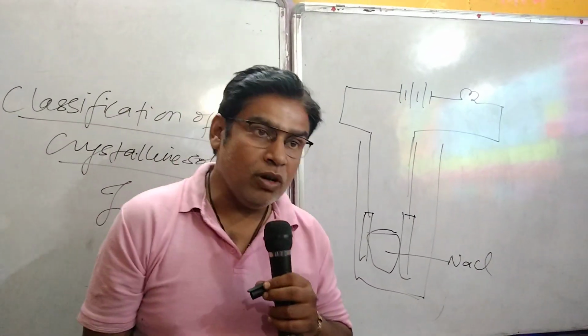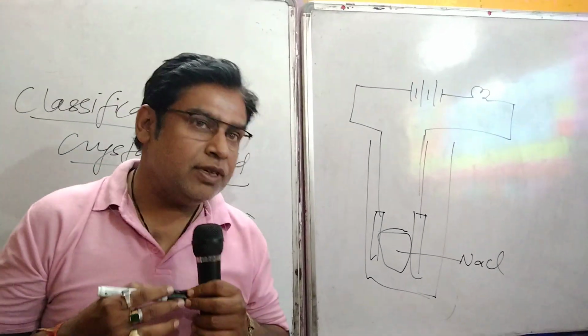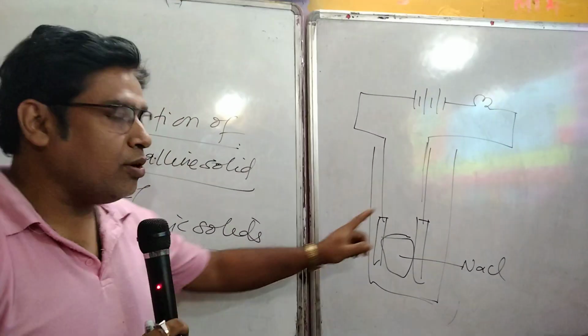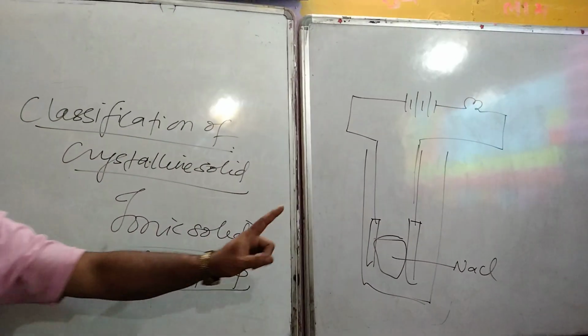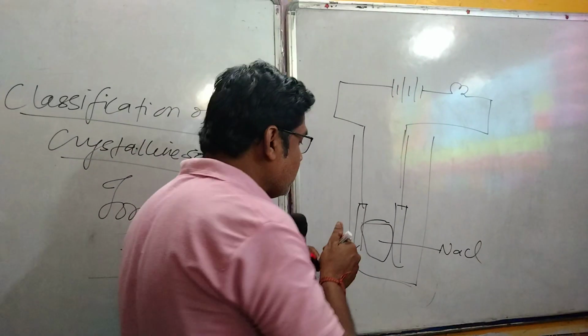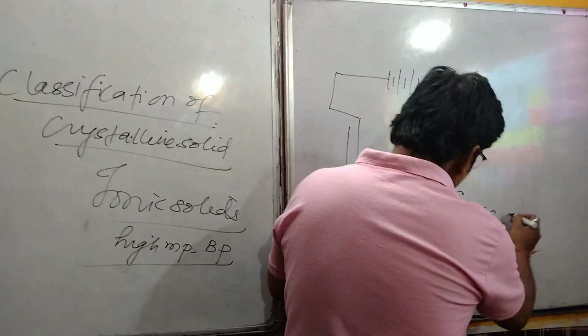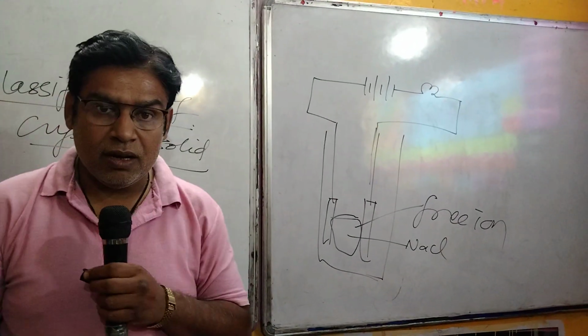No, this bulb will not glow. Why? Because in their original or native states, all the ionic solids are insulators. क्यों? Because they do not have free ions to move in their native state.